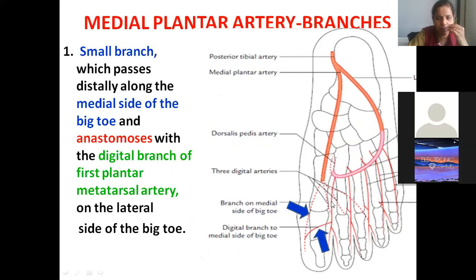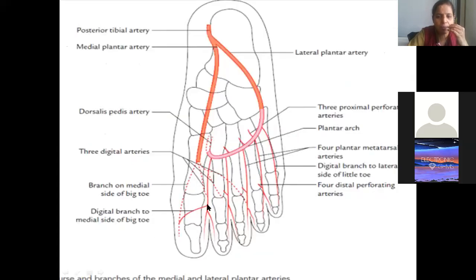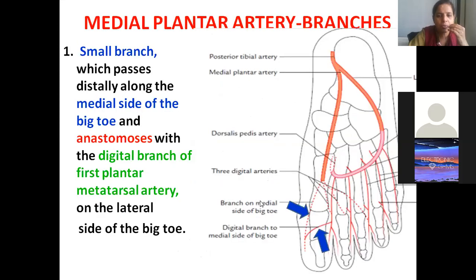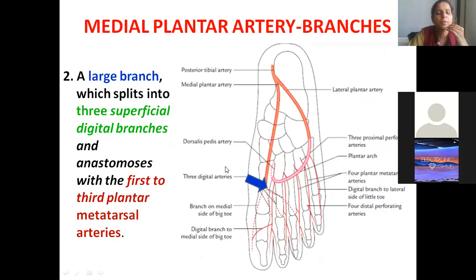I told you all these bold lines are plantar metatarsal. So this would be first, second, third, fourth, and fifth. Okay. So medial side of the big toe, this small branch is anastomosing with the branch coming from the first plantar metatarsal artery. Okay, on the lateral side of the big toe, this anastomosis is on.